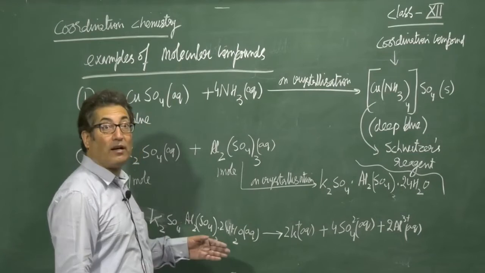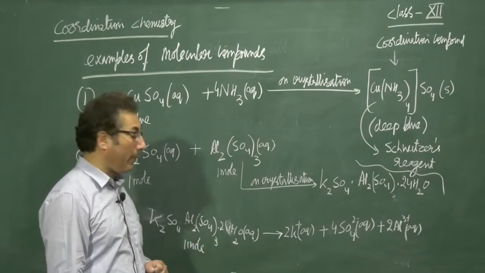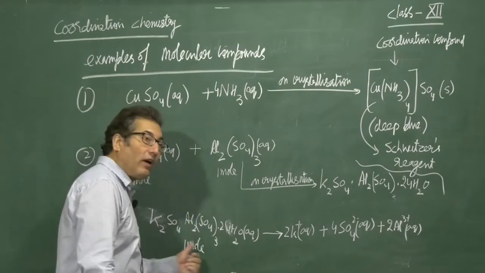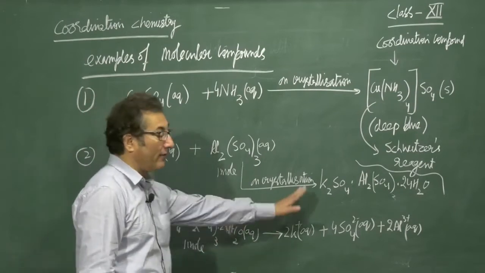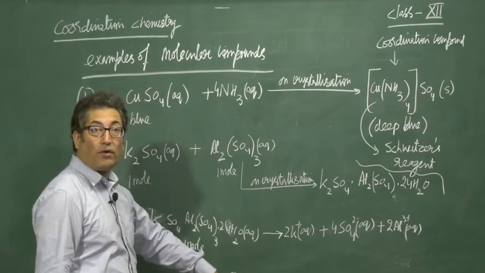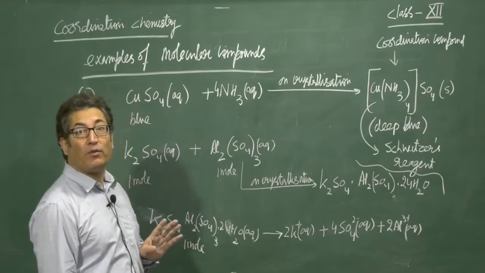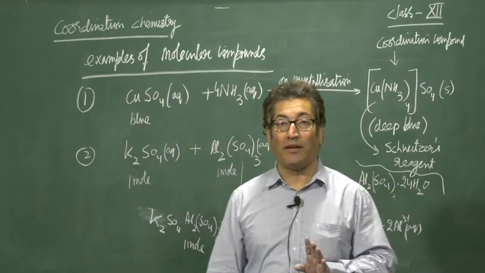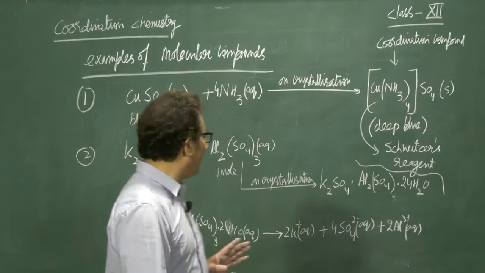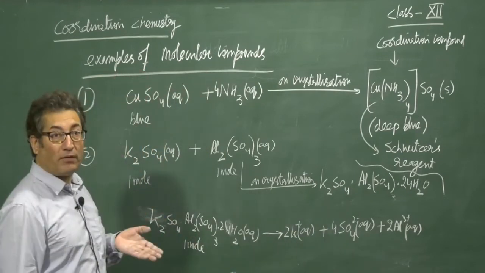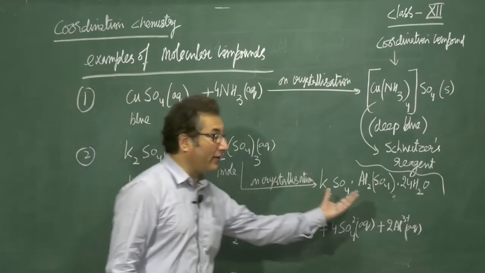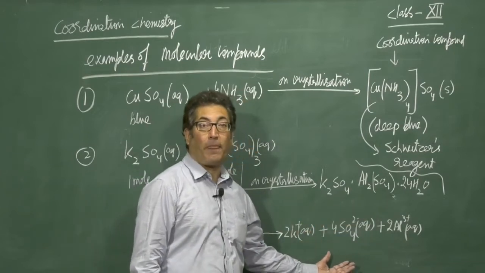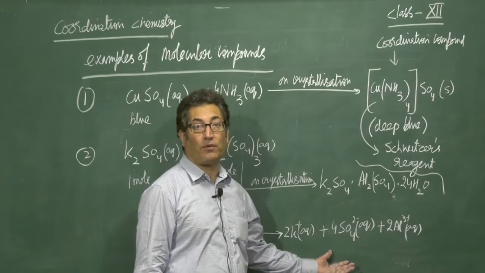It has completely broken into ions when it is dissolved in water. So such molecular compounds, which have their composition, that means which are stable, as long as they are in the solid state, the moment they are dissolved in water, completely break into ions. It means they lose their identity, they lose their nature. Such molecular compounds, which are stable in solid state but in solution dissociate into ions, are called double salts.